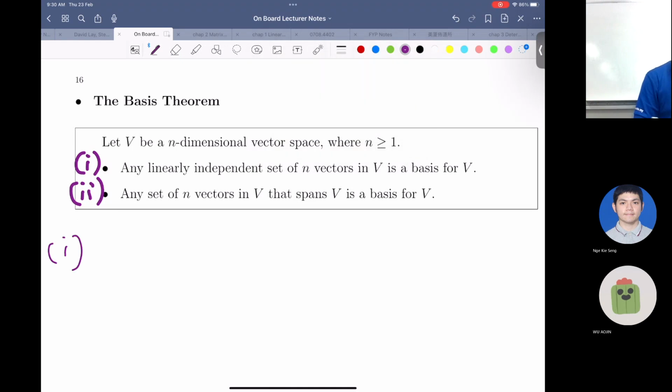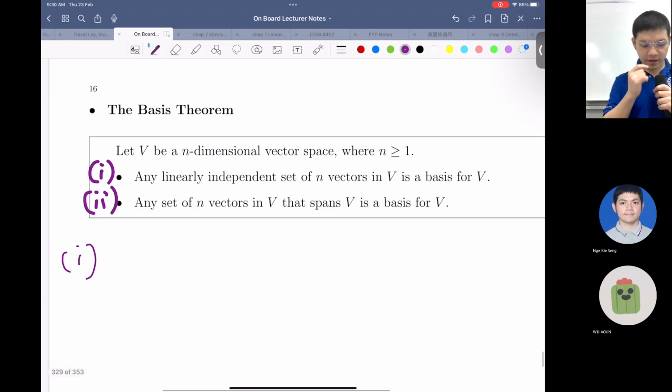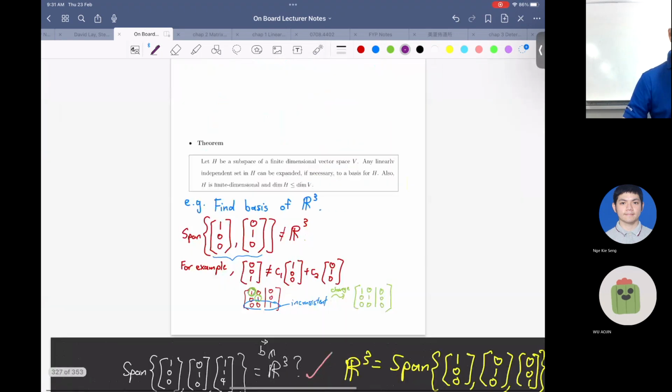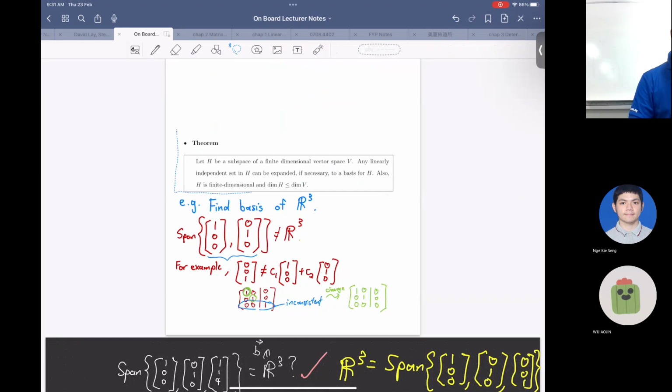Okay, so let's look at the first one. Any linearly independent set of n vectors in V is a basis in V. So what we can use is this theorem here.